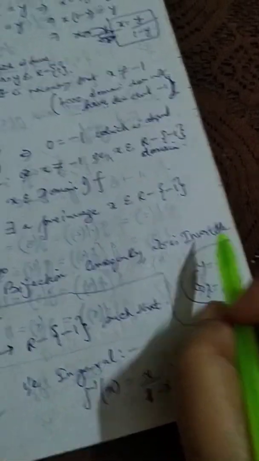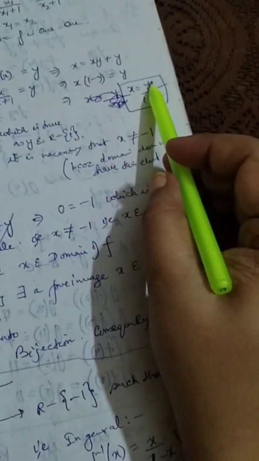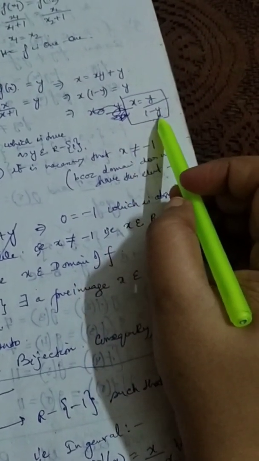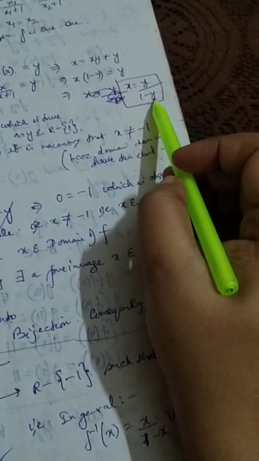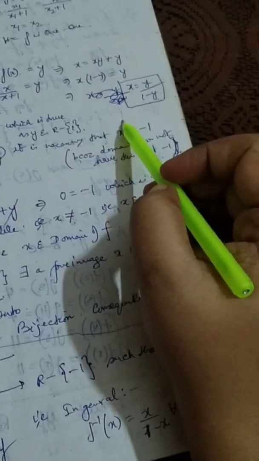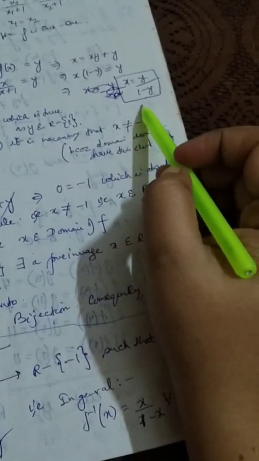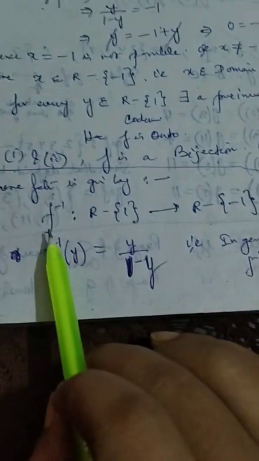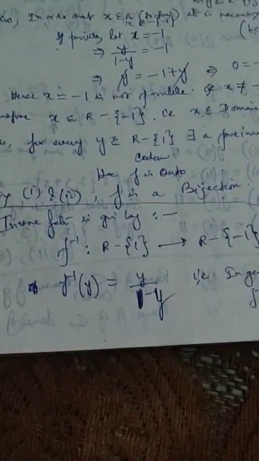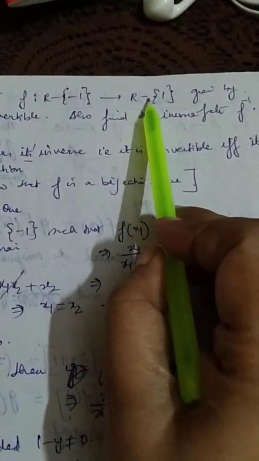What is the inverse function? This is the inverse function. x is equal to y by 1 minus y, and how will we represent it? We will represent it by writing f inverse y is equal to y by 1 minus y. That is what I've written here. f inverse is the mapping from B to A, so it will be from this to this.